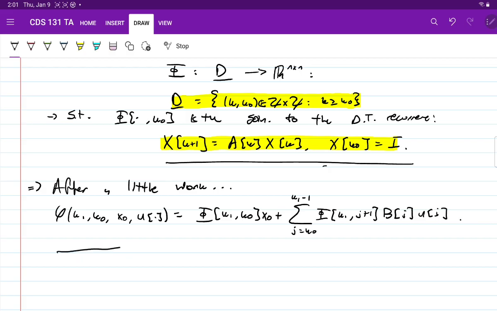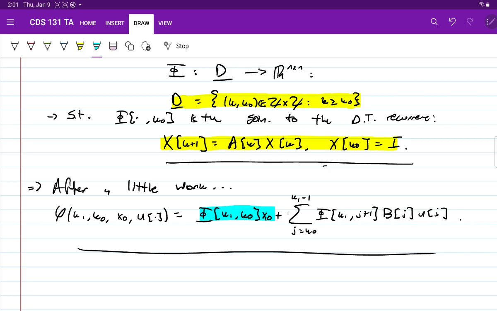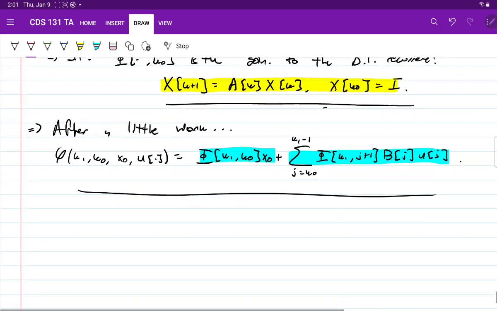So you get a formula that's really analogous to the continuous time case. We have this term that doesn't involve any inputs, and we have this term that doesn't involve any references to the initial condition.